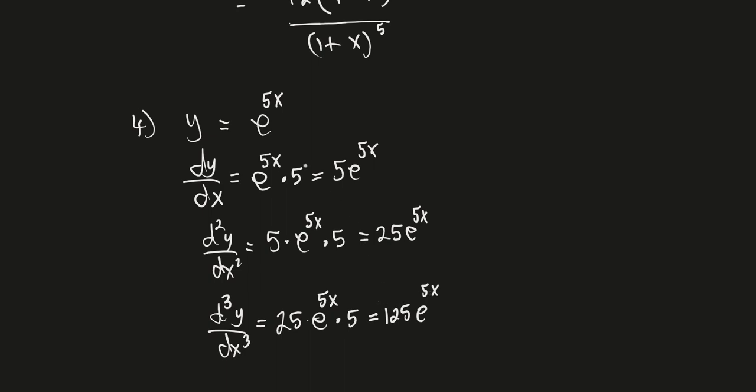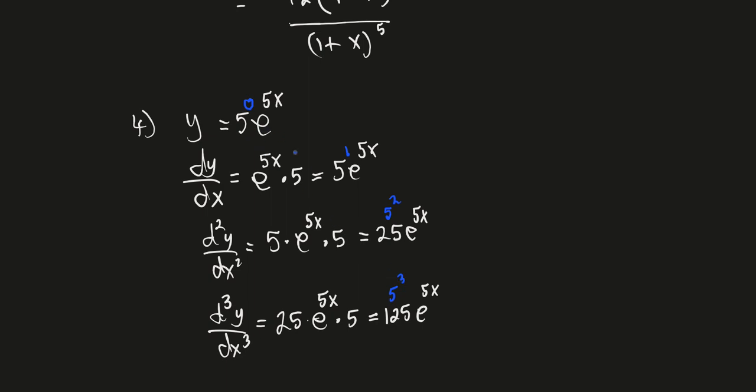And notice, this is a really nice pattern. Let me put a 5 there. You might say, well, how can you do that? Well, I can do that if I put an exponent of 0, because 5 to the 0 is 1. The reason I'm doing that is because this is then 5 to the first power, and then this is 5 to the second power, and then this is 5 to the third power.